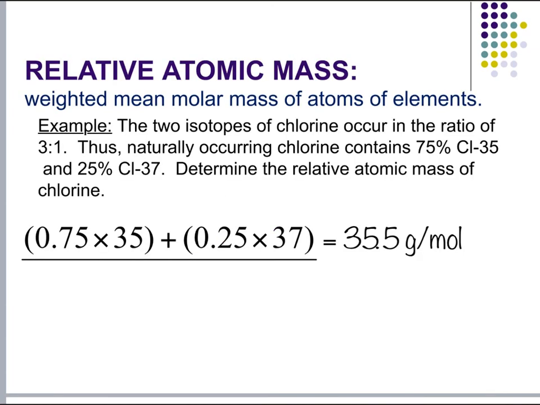The first thing I want to point out here is that the question asks you to find the weighted mean molar mass. So I want to talk a little bit about what the weighted mean means before we get into the actual calculation with molar masses. Weighted mean just basically means a weighted average, which is exactly what we do for your grades. If you think back to mean, median, mode, the mean is what we usually call an average.